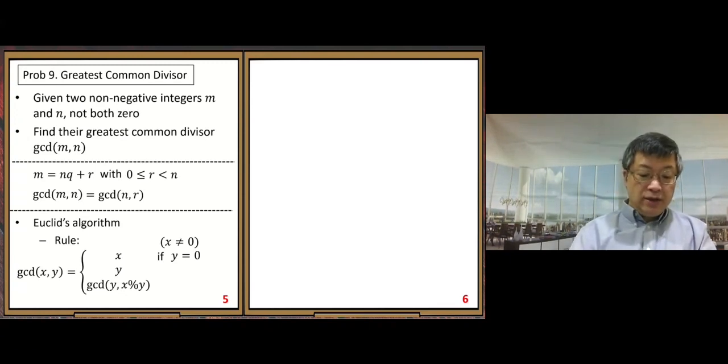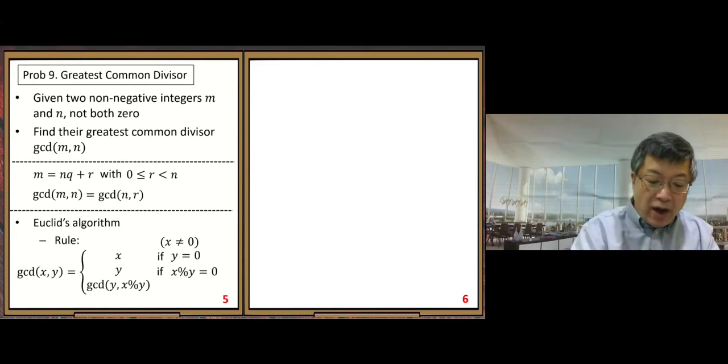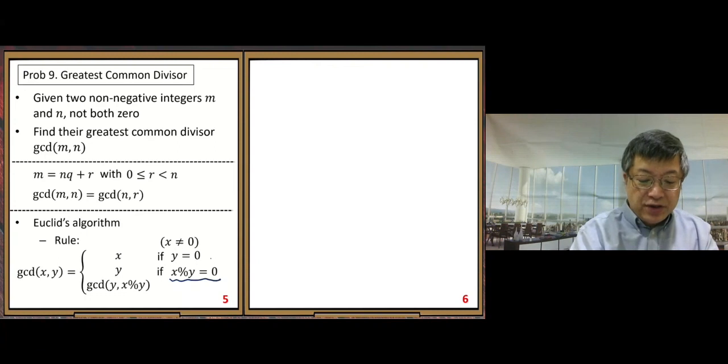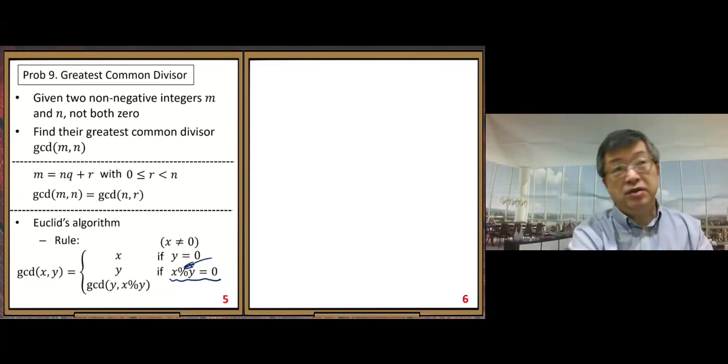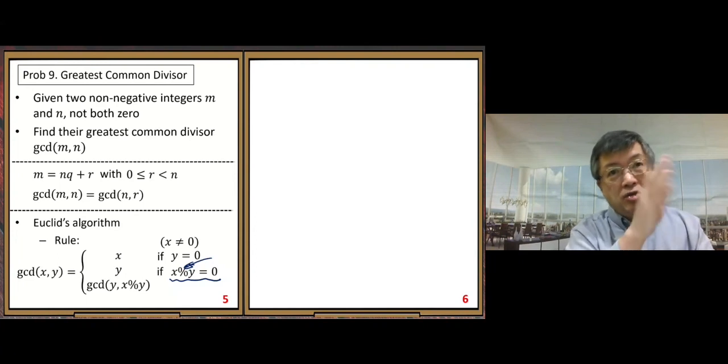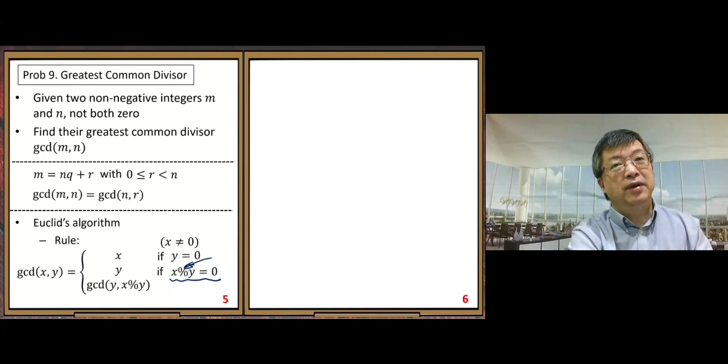All right. So next, when x is a multiple of y, we use this percent sign, mod operation, right? Modular operation, mod. x mod y equals 0. That means x is an integer multiple of y. So then the answer is y.